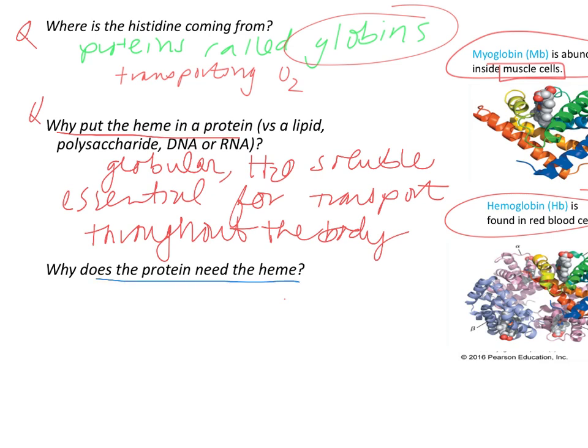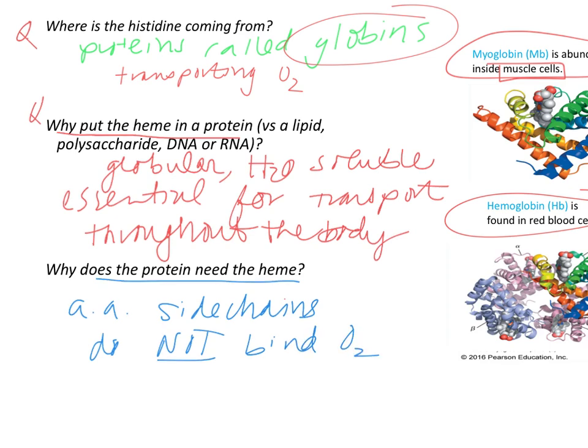But why does a protein even need the heme in the first place? Well, it turns out the amino acid side chains of the protein do not bind oxygen at all.